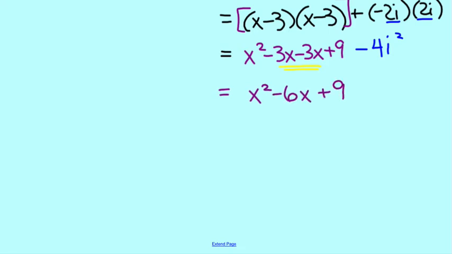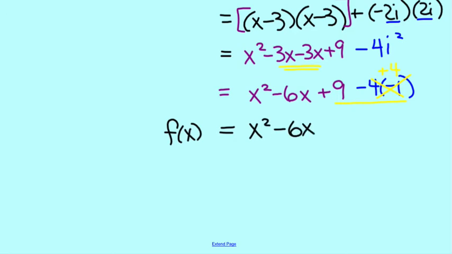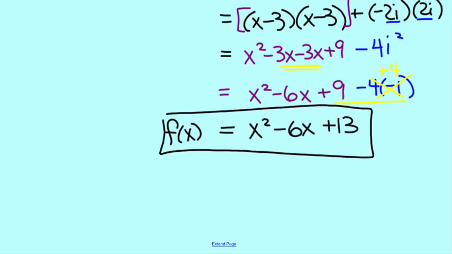And then do you remember what happens with an i squared? It replaces with a negative 1. Now these are alike again. This becomes a positive 4. Now we combine that. X squared minus 6x, 9 plus 4 is 13. So there is our function in standard form.